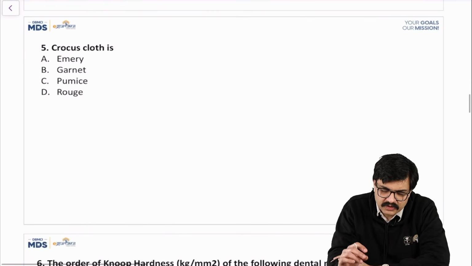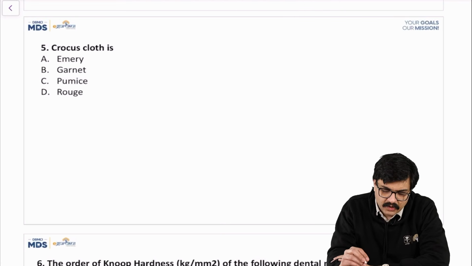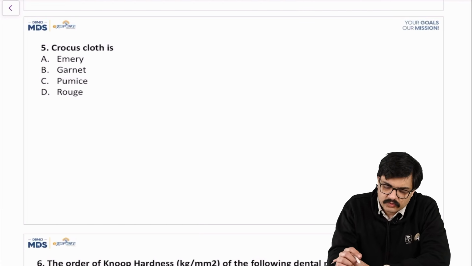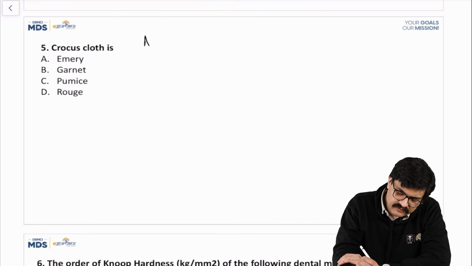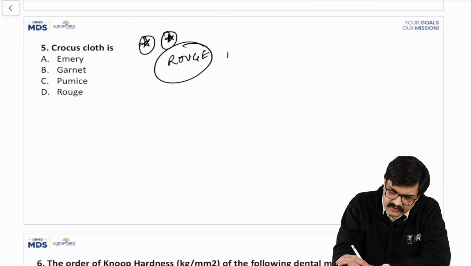Then the next question is from the chapter of finishing and polishing, guys. Crocus cloth. What is crocus cloth? You'll have to memorize this. Can't help you much with this. Crocus cloth is nothing but rouge. And what is rouge? Iron oxide.